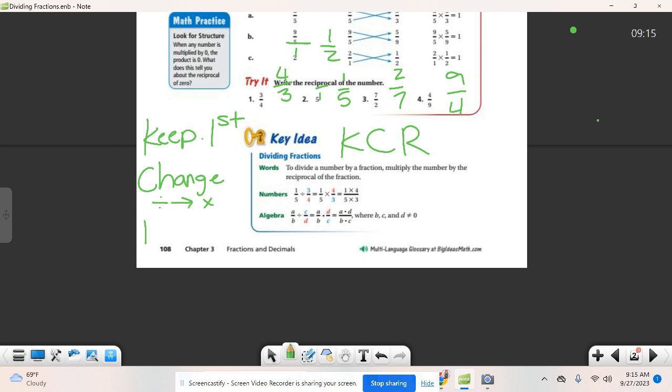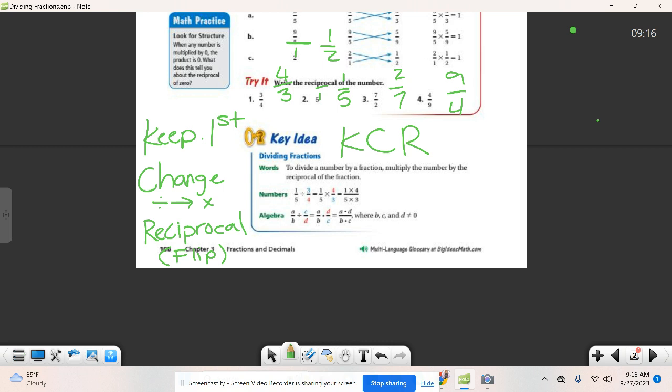And then you're going to find the reciprocal, which means to flip it. Okay. Keep the first, change the sign, reciprocal.